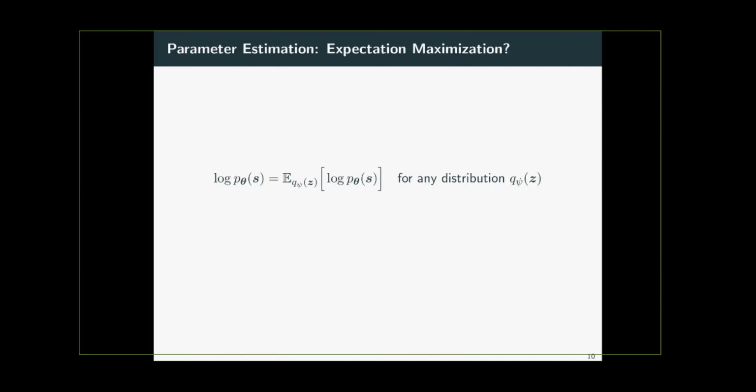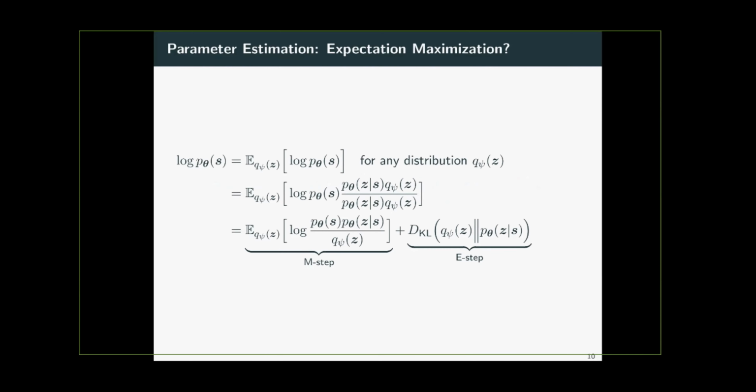And of course, I can take the expectation over any distribution Q psi of Z. Since log p theta of S does not depend on Z, this expectation does nothing. And of course, I can multiply and divide by the same amount, which is the true posterior times Q psi. By manipulating this, you can trust me on this, you don't have to verify, we can get to these two terms, and these two terms are the basis of the EM algorithm.